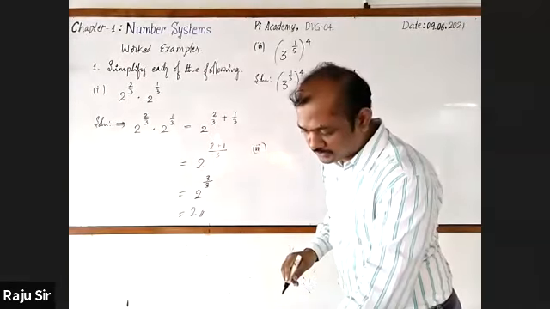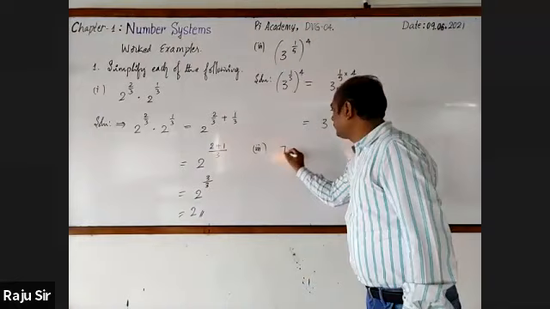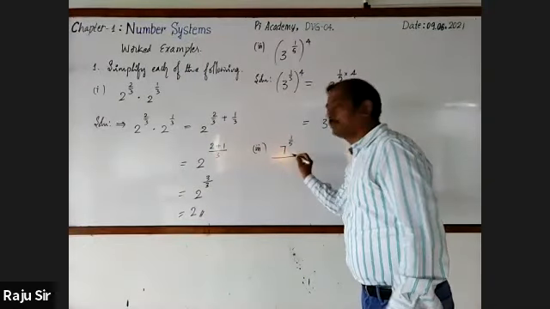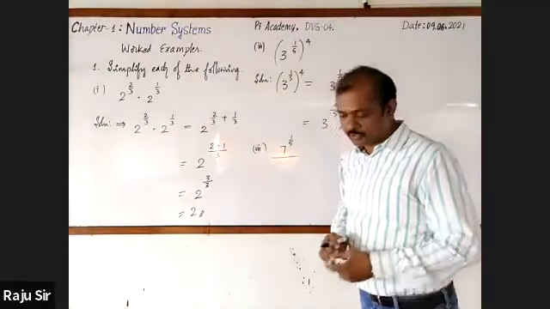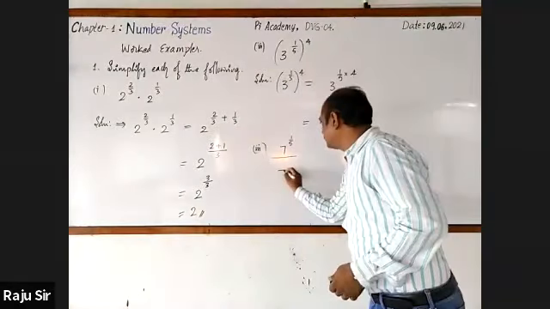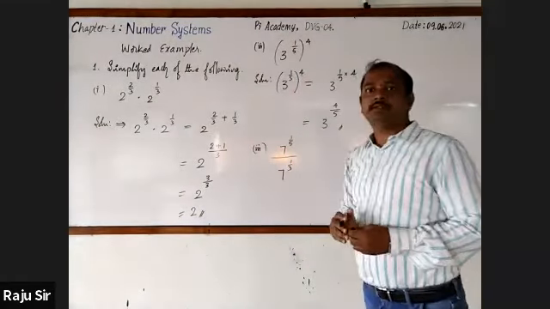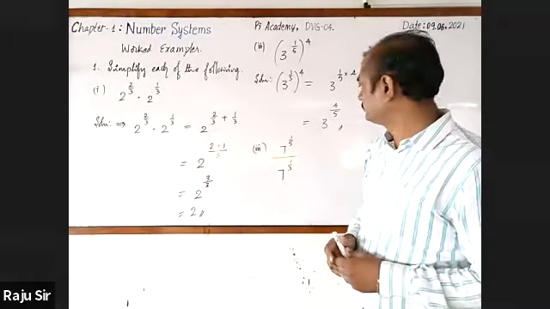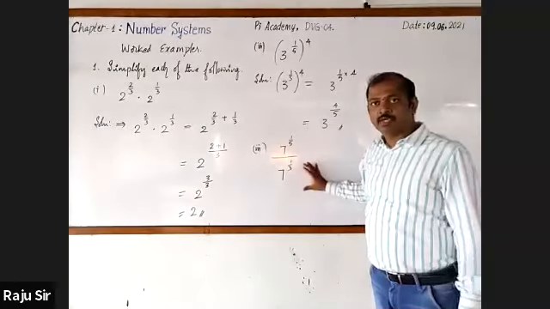Right. It is 7 raised to the power 1 by 5, whole divided by 7 raised to the power 1 by 3. Just look here.